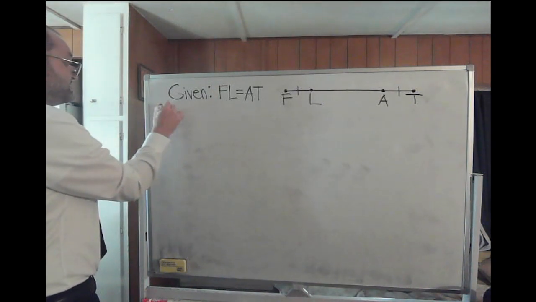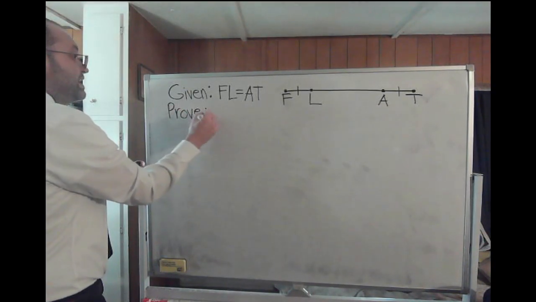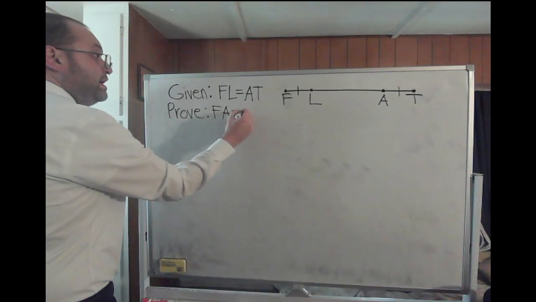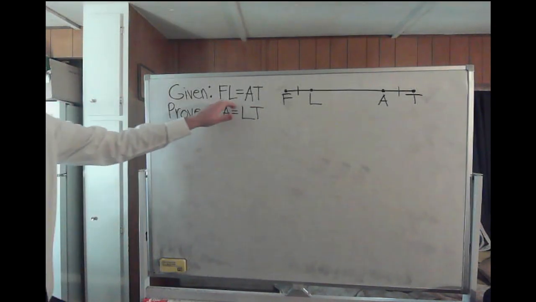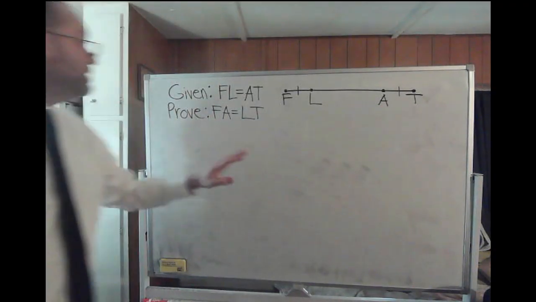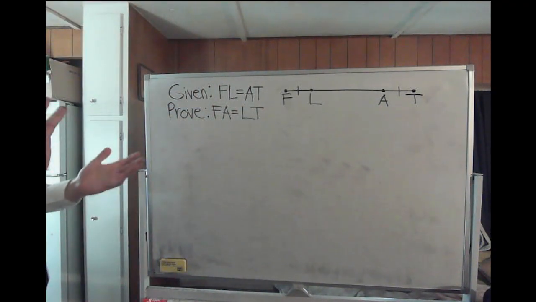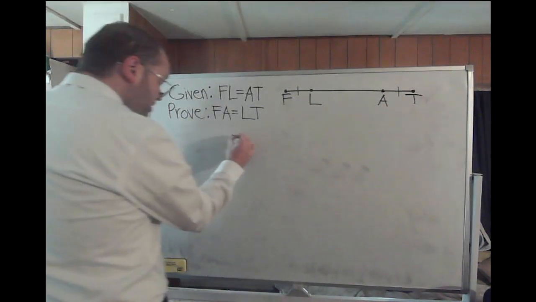What we are tasked to prove is that FA equals LT. Okay, so we were given FL equals AT. We have to prove that FA equals LT. So let's go ahead and start this one again. Let's set up your columns.